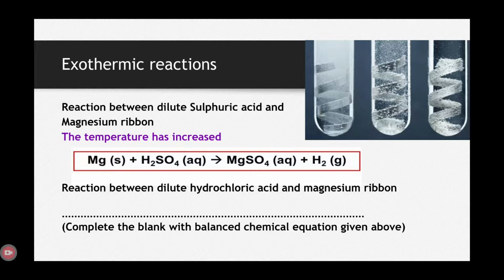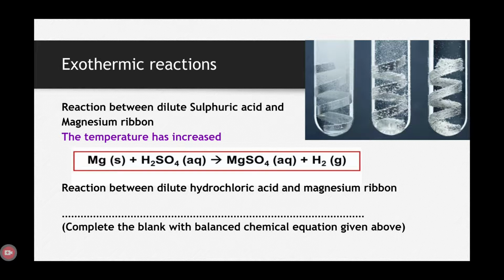By the way, we can write another balanced chemical equation for the reaction between dilute hydrochloric acid and magnesium ribbon. Let's try on your own to create the balanced chemical equation.